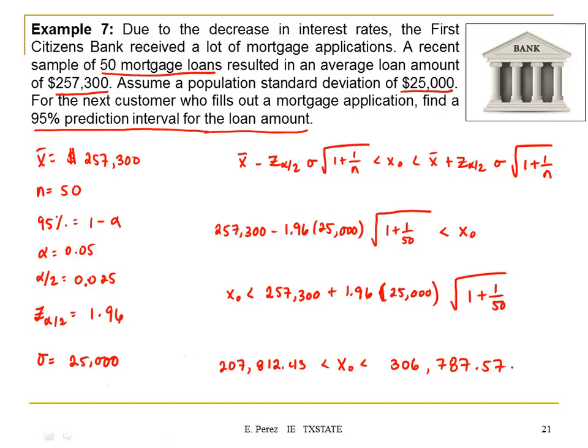So what can you tell about those numbers? This is not giving you a lot of information. There is almost a 100K difference between the bounds. In order to decrease those bounds, you can either get more information from the system, and you will make this value here very small.